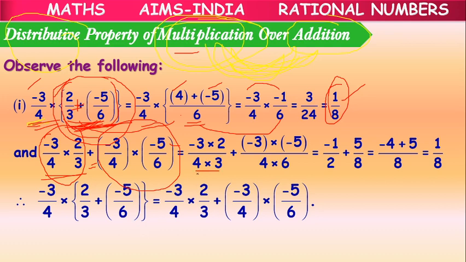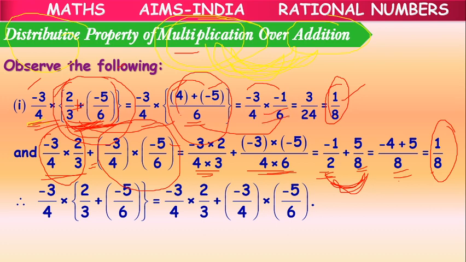Means first and second we have simplified. Minus 1 by 2 we got. First and third we have multiplied. 5 by 8 we got. Now we are adding both. Now also the result is same, 1 by 8. In the first case what we have done? First we have added, then we have multiplied. But in second case what we are doing?